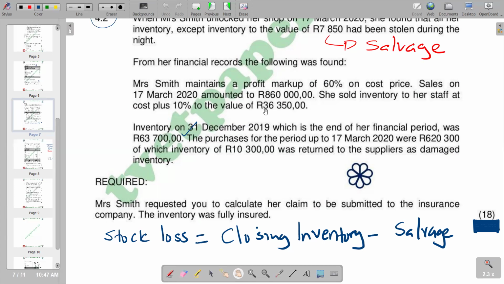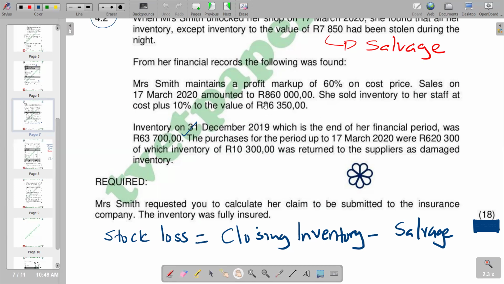To get the normal sales, we say total sales minus staff sales. Our staff sales of R36,350 are inside our 860,000, so we want to see the normal sales after removing the staff sales.